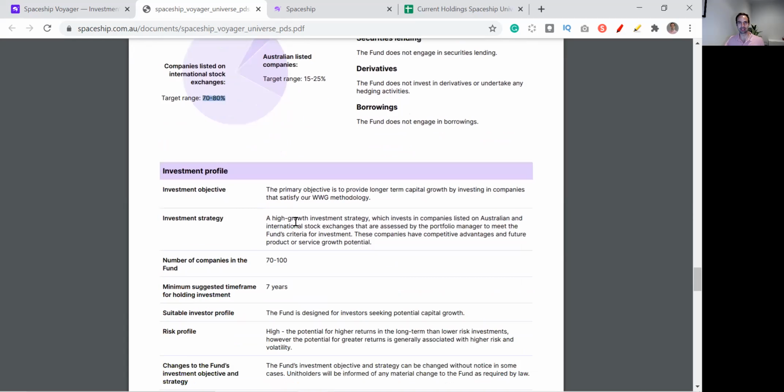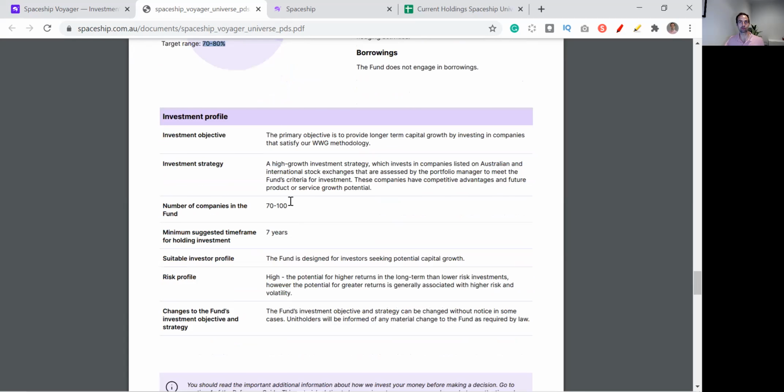Scrolling just a little bit further down, there is more really interesting information. We see that they try to hold 70 to 80 companies in their portfolio. And they want a holding time frame of 7 years, but they manage this fund actively.